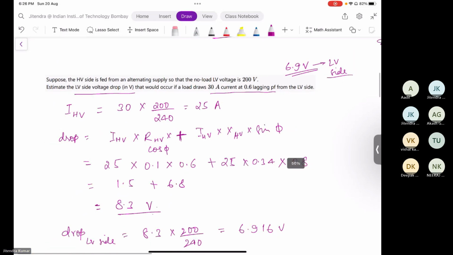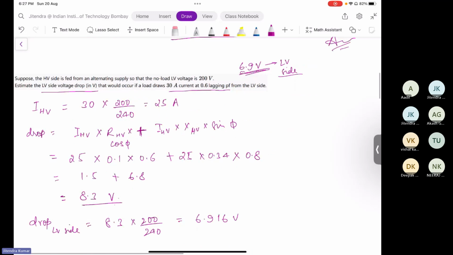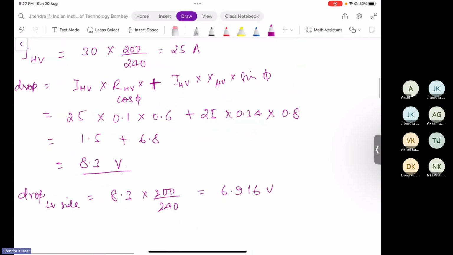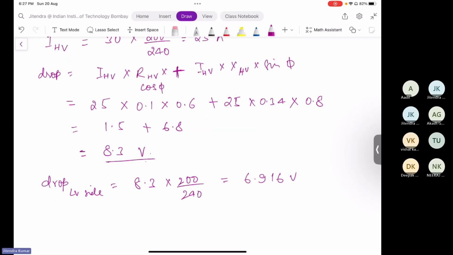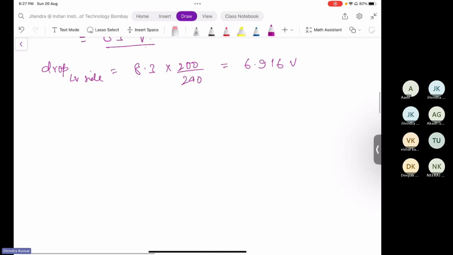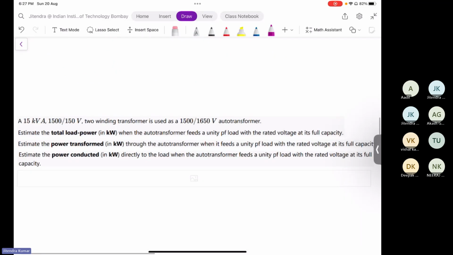So it is correct, 6.9 volt, 6.91 volt to be precise. This was just a one step calculation you could have done easily. Any doubt in this? If no doubt, then we will move ahead to the autotransformer topic.